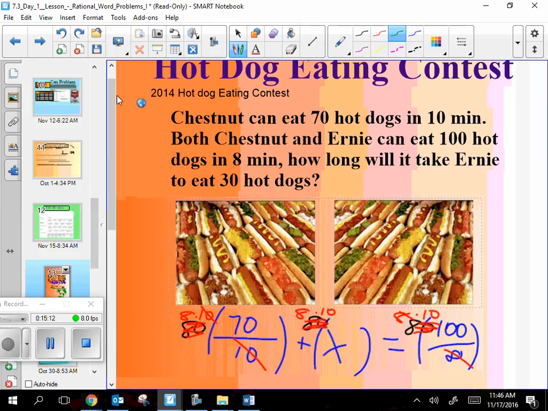So then I need to know that rate times time gives you your distance, or in this case, dogs. The rate, 5.5, times the time, which I don't know, so I take x, will equal 30. And now x must equal 30 over 5.5.